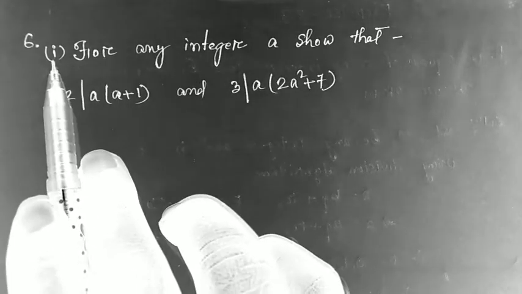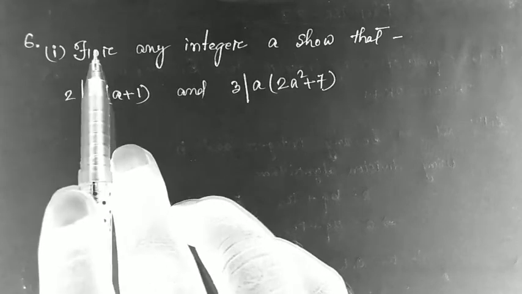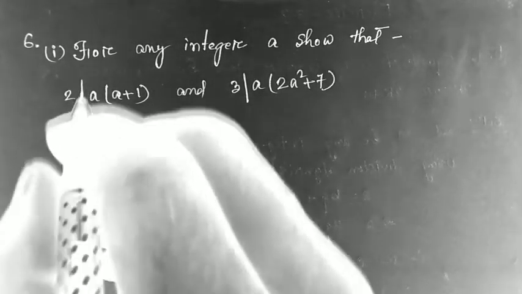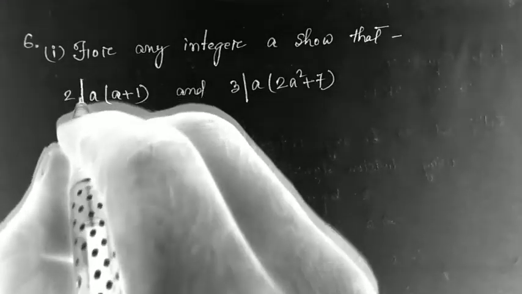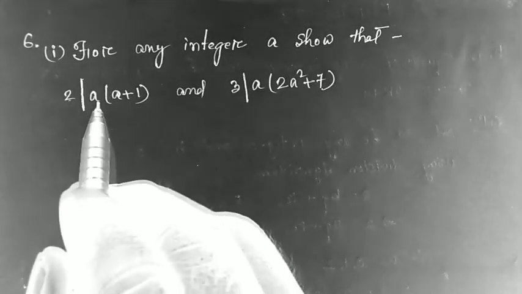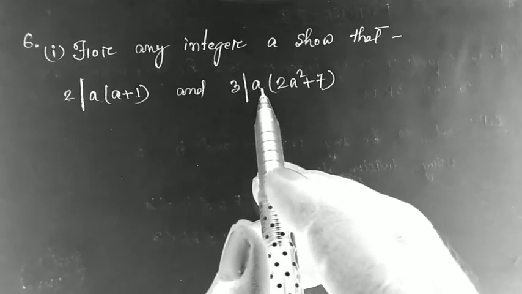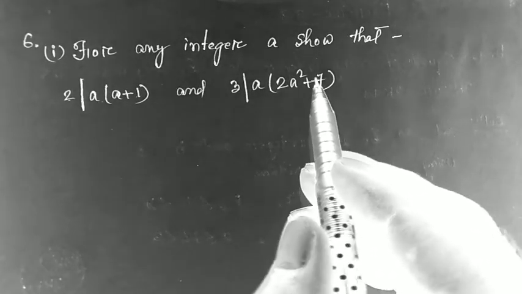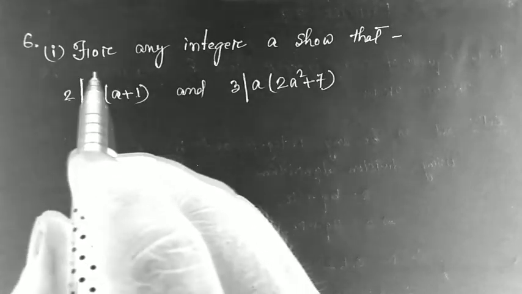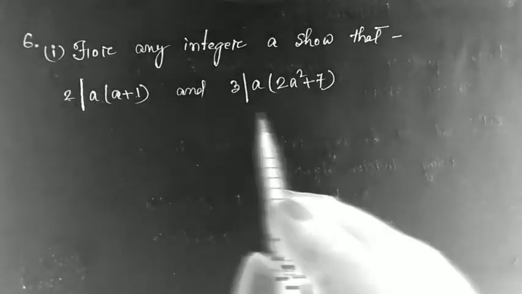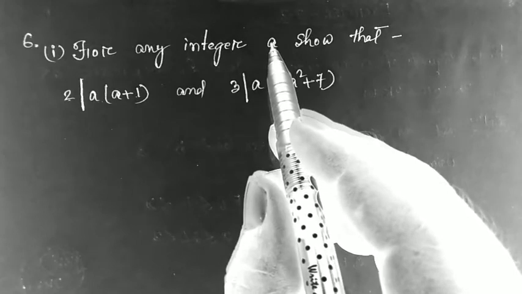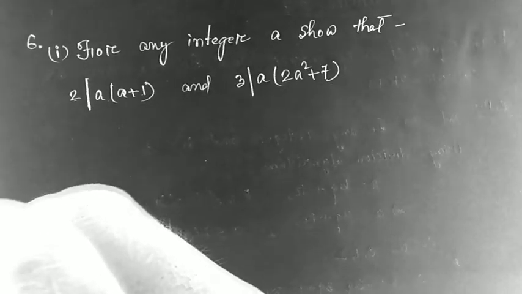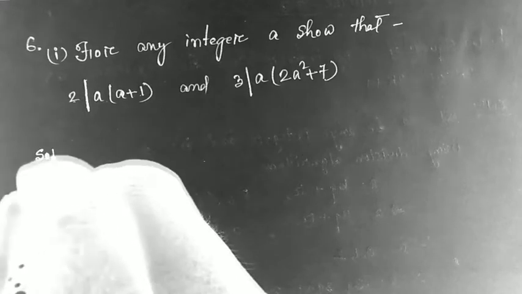So let's say question number 6: for any integer a, show that 2 divides a into a plus 1 and 3 divides a into twice a square plus 7, no? So there are 2 sums actually, this is one sum and this is one sum, where a is any integer, no? So a is any integer. Let's see, let us consider the solution.